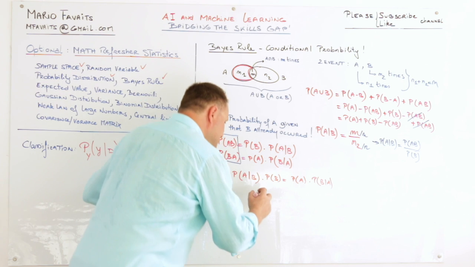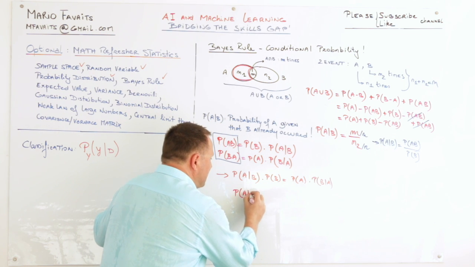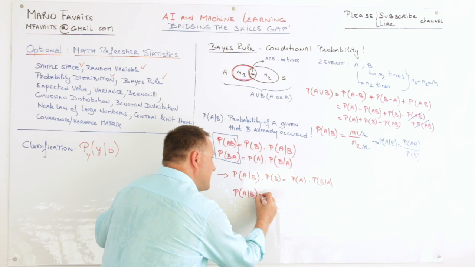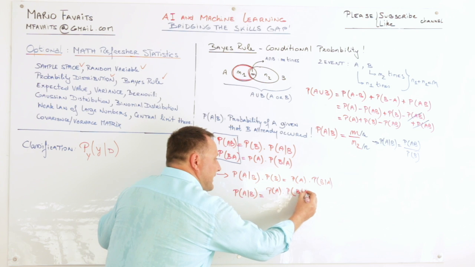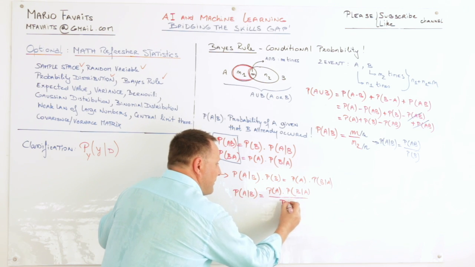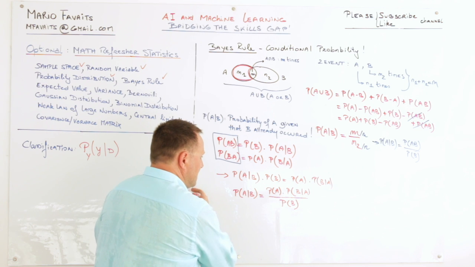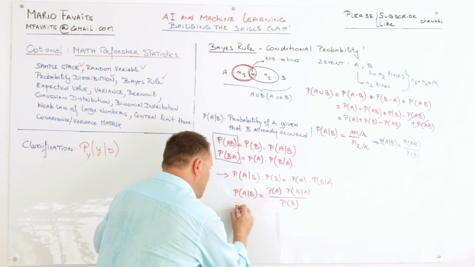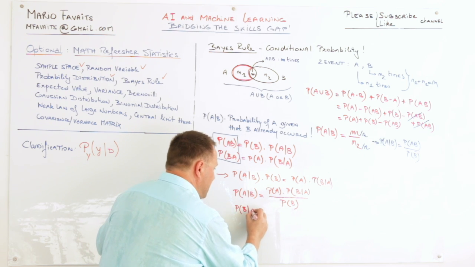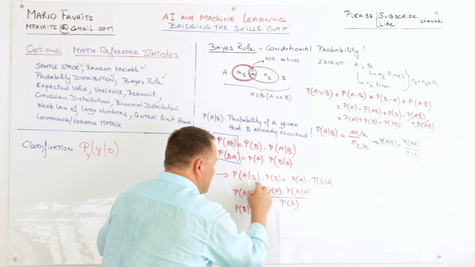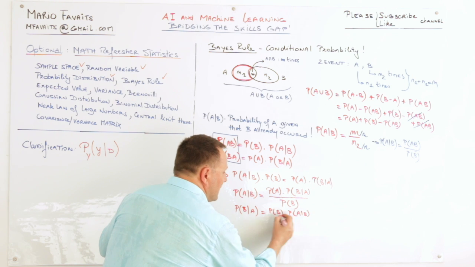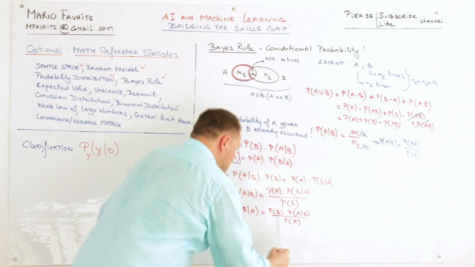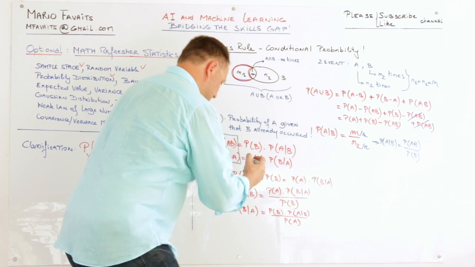So that means that the conditional probability of A given that B has happened equals the probability of A times the probability of B given A, divided by the probability of B. And also the probability of B given A is P(B) times the probability of A given B divided by P(A).